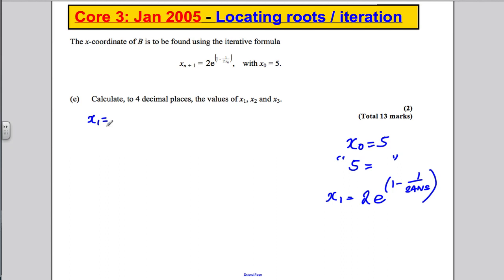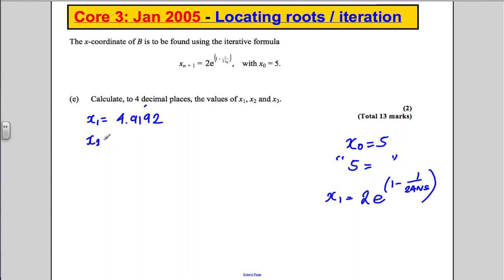Well, you type in 5 equals on your calculator, and then you type 2e to the power of, open brackets, 1 subtract 1 over 2 ans, and therefore you get x1 is equal to 4.9192 to 4dp. So x2, just by hitting the equals button, you get x2 is 4.9111, and x3 by just hitting the equals button again, 4.9103 to 4 decimal places, and you're done.